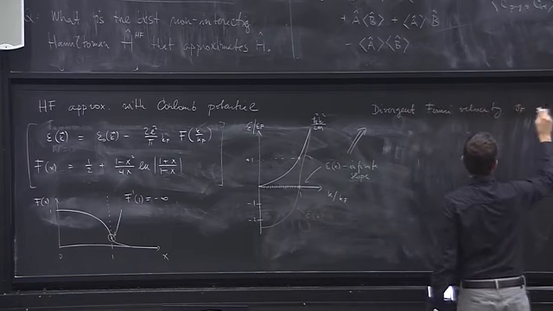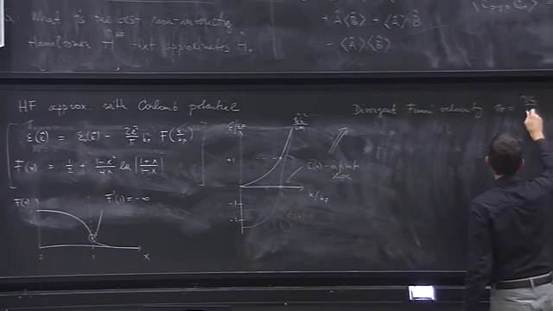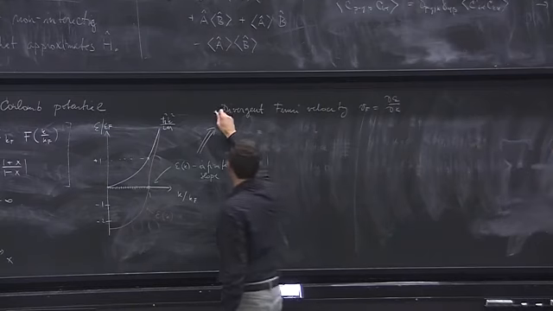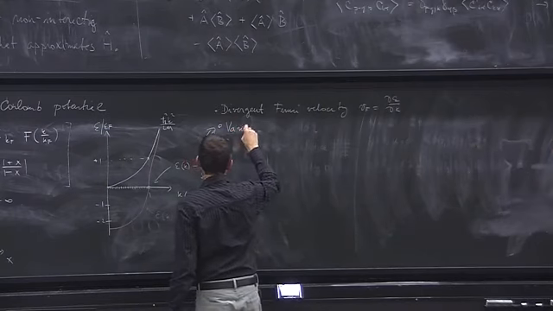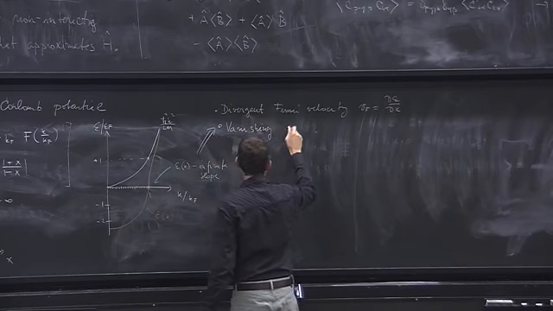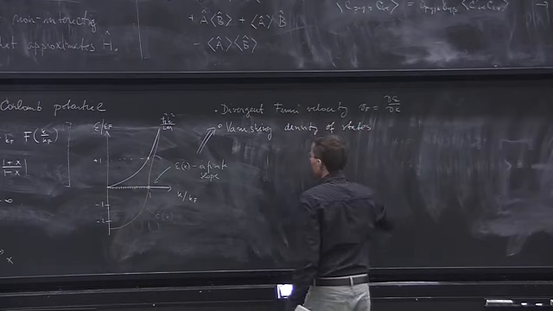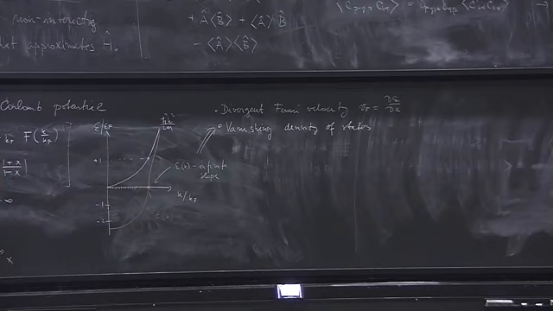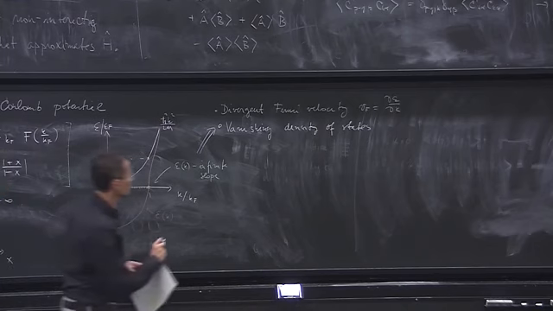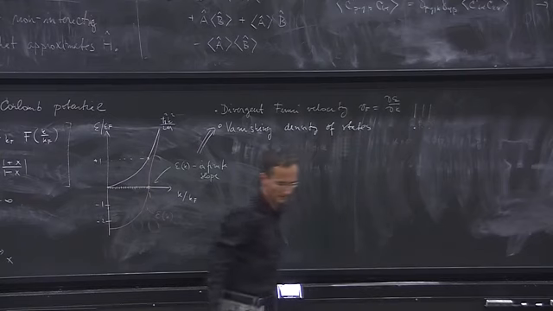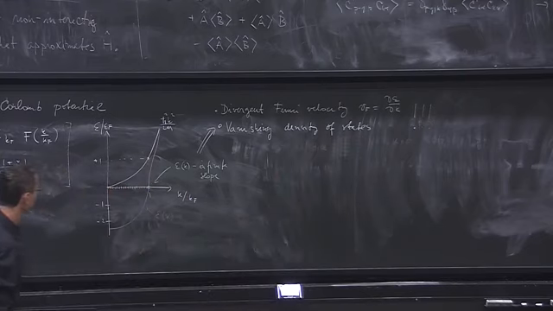Vf is basically d epsilon dk, so when the slope diverges, this is divergent. It also implies vanishing density of states, which would imply that you don't have any specific heat in this type of weird metal. So all these, I put just exclamation marks. These are failures of this approximation, quite severe failures actually.